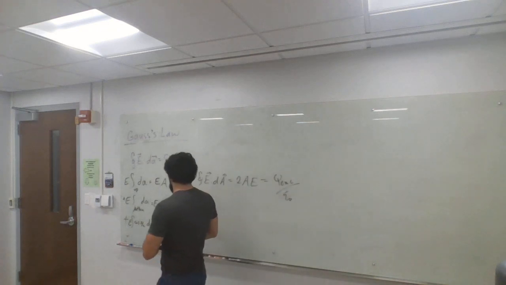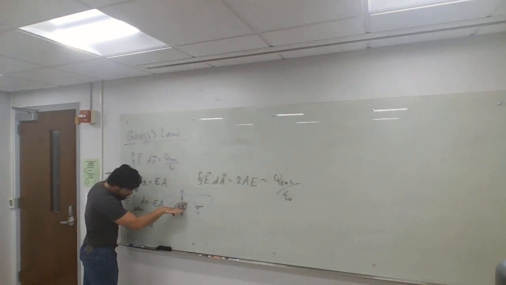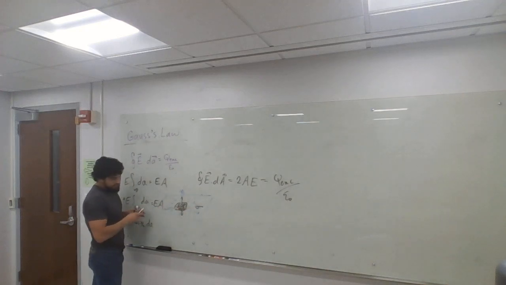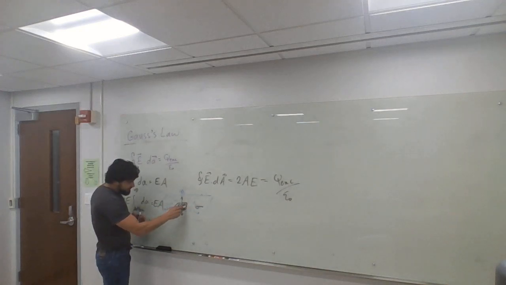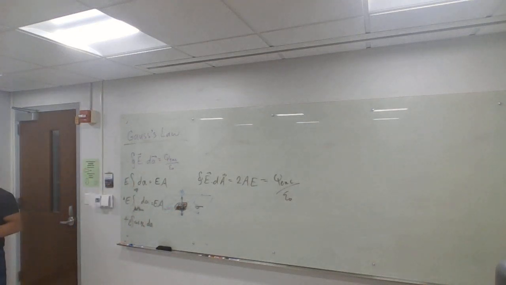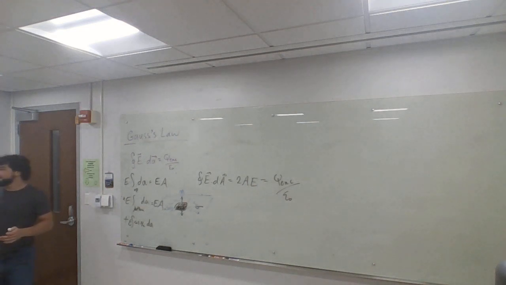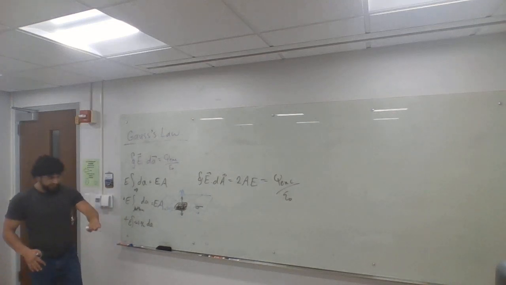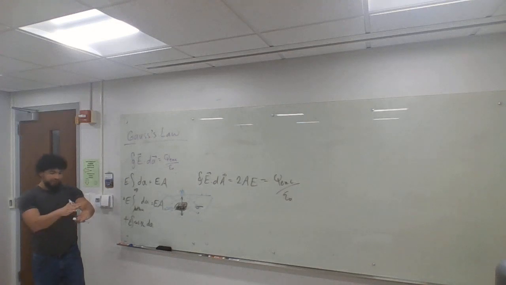Q enclosed is every charge inside your closed area, but your sheet is passing through. And the area inside your closed area is actually A, the area of the sheet passing through. Is that clear? Okay, so that's your sheet. Let's say that's the sheet, and that's your closed area around it.